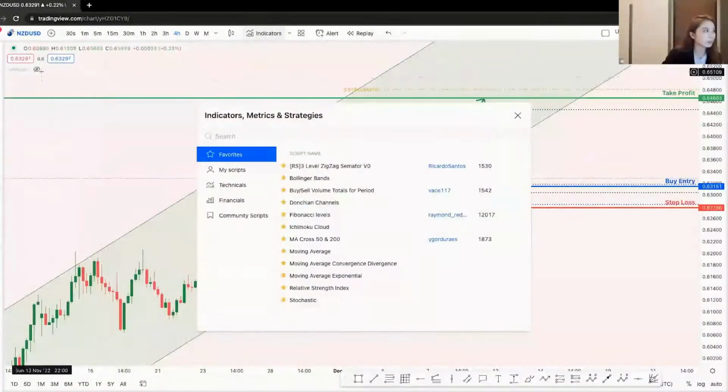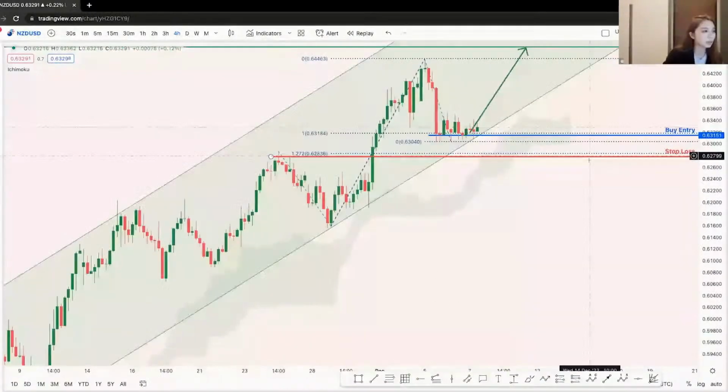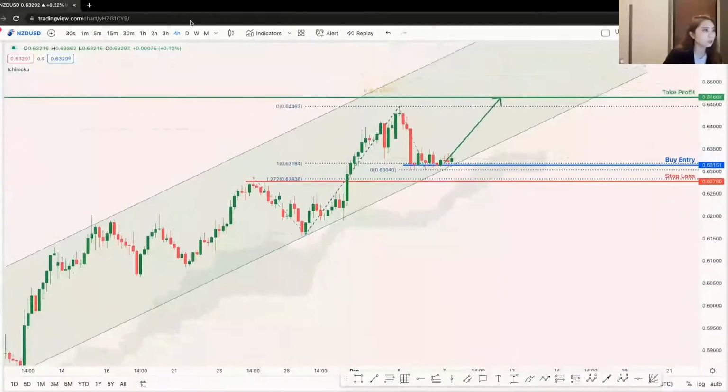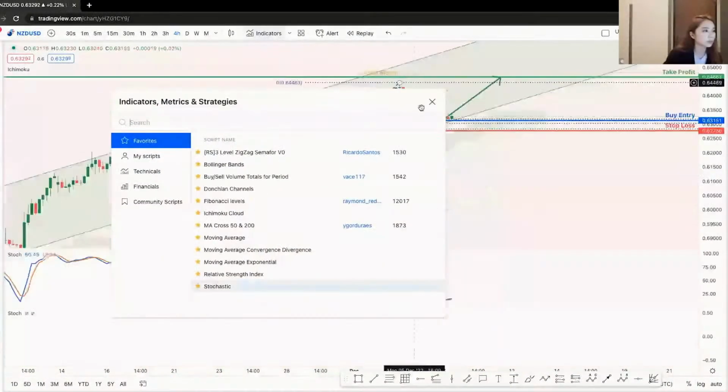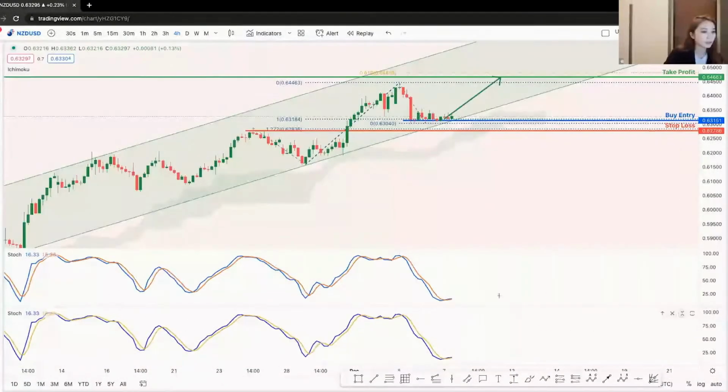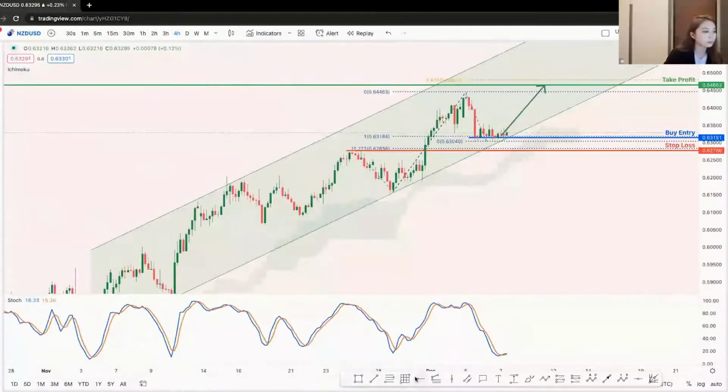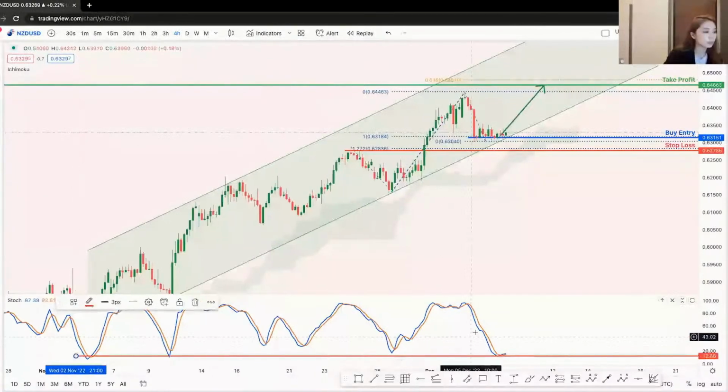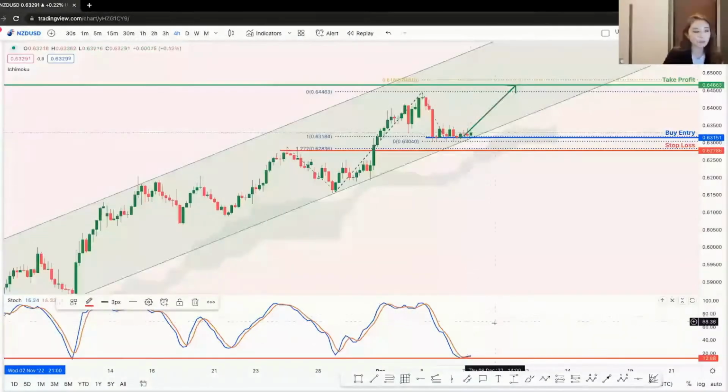Let's take a look at the Ichimoku cloud. Price holding up nicely above the Ichimoku cloud. Let's look at stochastics. We can see that stochastics indeed has reached the bottom. Looking at a very nice support line, very high chance of it bouncing all the way up.